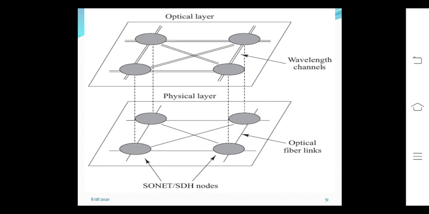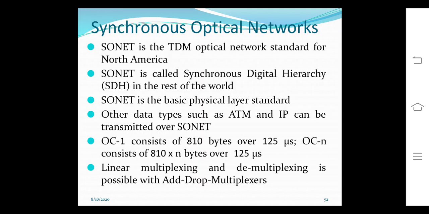Here all these are the wavelength channels with different wavelengths. Here it shows the optical fiber links, and each node, that is the SONET or SDH nodes. So coming to SONET, that is synchronous optical network.